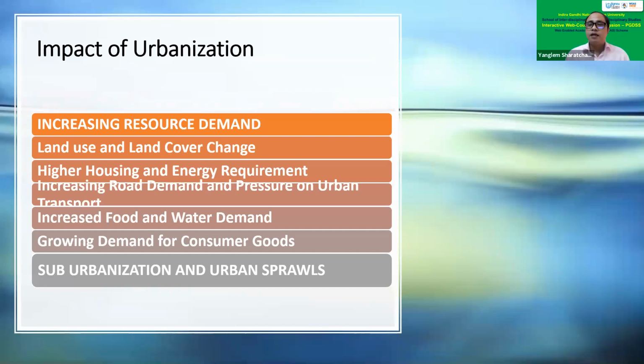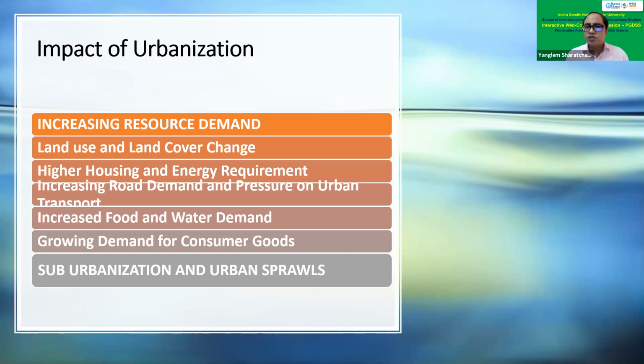To house the migrating population, they construct on more land, including some agricultural land which is not giving any output because of lack of irrigation facilities and many more reasons. They construct more houses. In that way, they change the land use and land cover of that area.